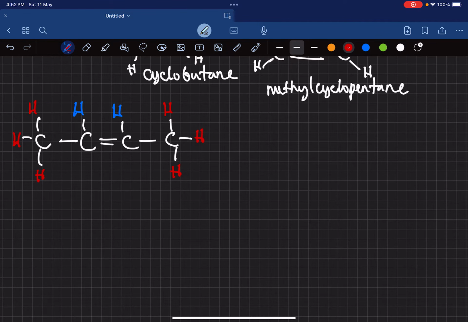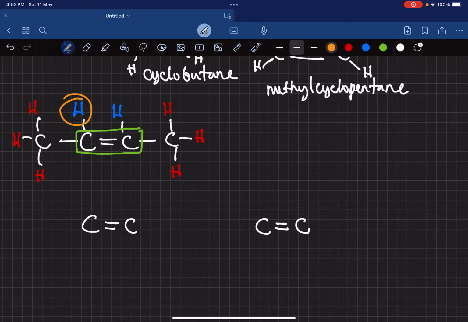When you need to draw cis and trans isomerism, what I told you before in class is to focus on this part here. Just focus on that and draw it again. Let's draw this again here. Then we take this hydrogen and this hydrogen and draw them like that.